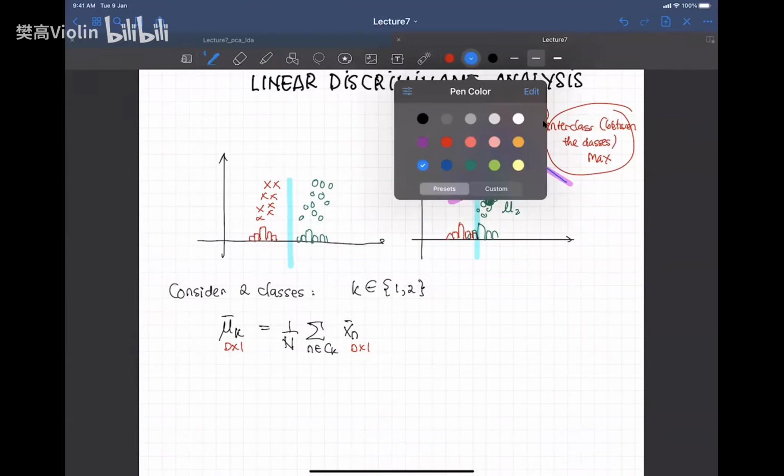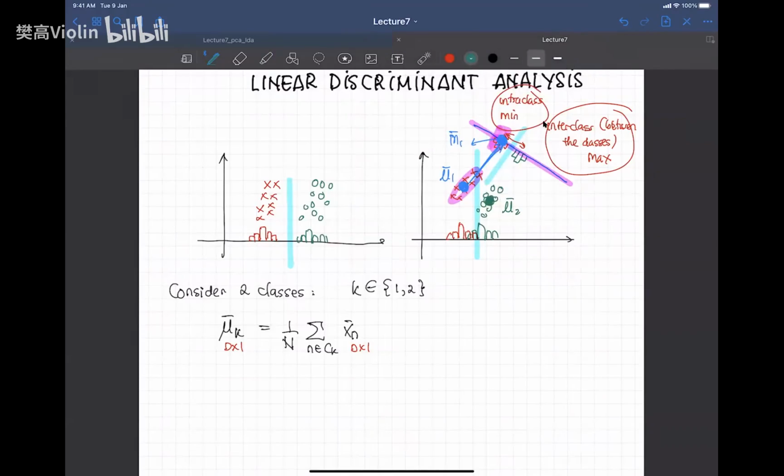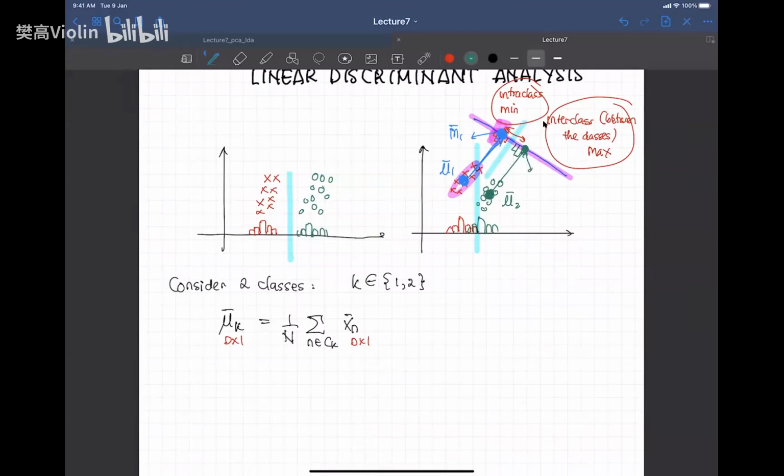The same for the green one: if I project that onto the blue line, it will be a point there, and let's call that one M2. So with this, we have MK. I'm not really sure what the dimension of M is yet. Let's have MK equal to the projection, which is called W. W is a vector that projects the points onto a certain line.